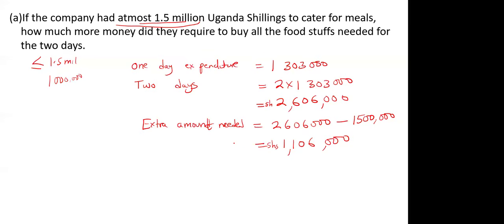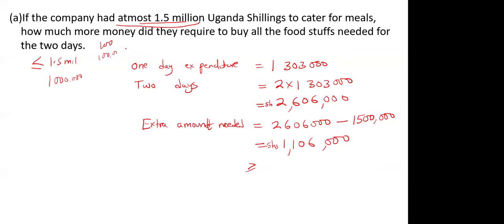So in your conclusion, you would say that the company would need at least, meaning that it will cater for everything even if they had less than 1.5 million, even if they had 1 million, even if they had 100,000.